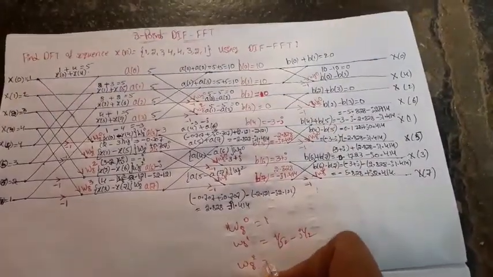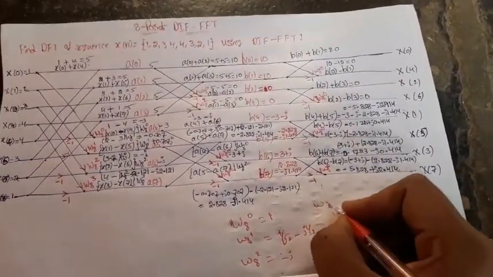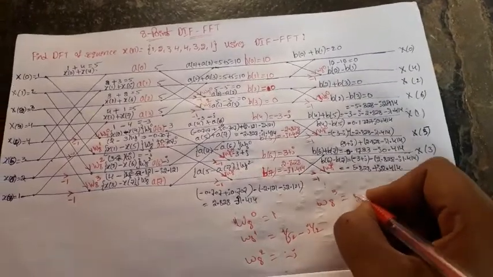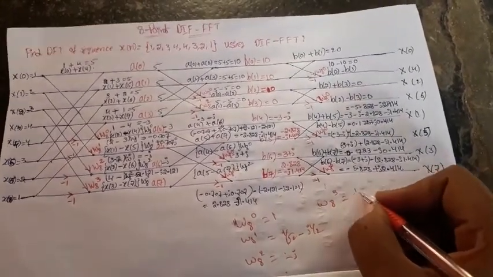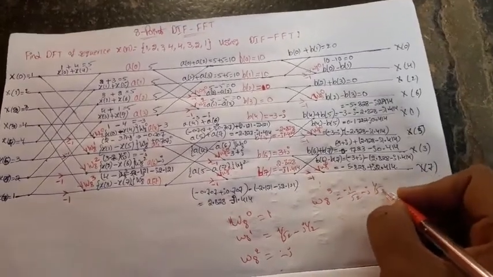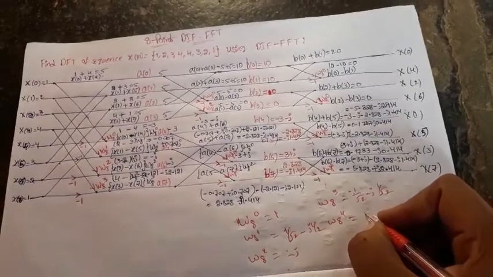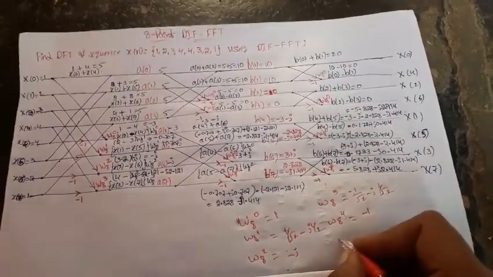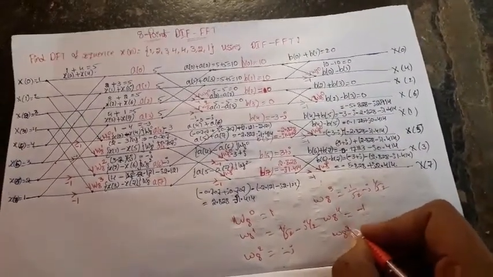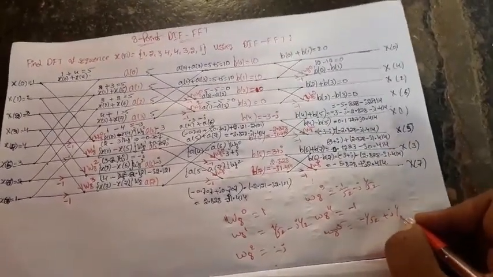W8 to the power of 2 value is minus j. W8 to the power of 3 value is minus 1 by root 2 minus j 1 by root 2, and W8 to the power of 4 value is minus 1.